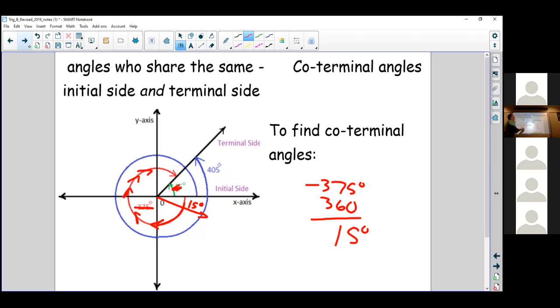And then 405, we go all the way around the circle once. So that's 360 degrees. If I go 405 minus 360, we're going to get 45 degrees. So 45 degrees exists with that. So I guess the negative 375 they had in the wrong spot, but it happens.